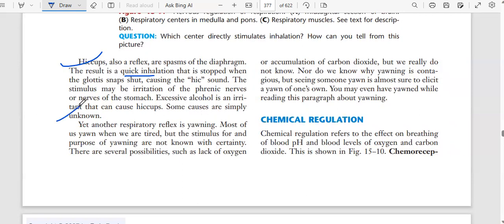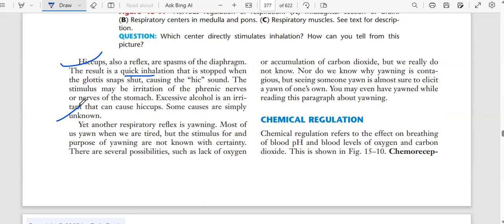Here, hiccups will happen. The glottis will make the sound. Okay, and the diaphragm helps. Mostly the diaphragm and abdominal muscles will help. And in that, we have the phrenic nerve, which is coming from the medulla.